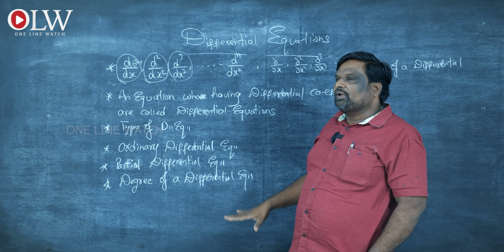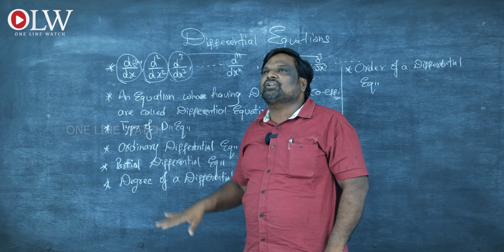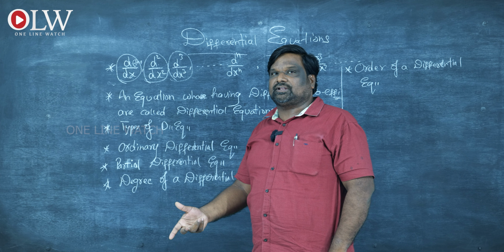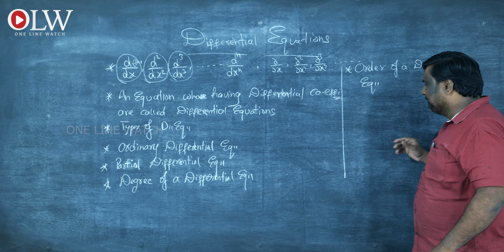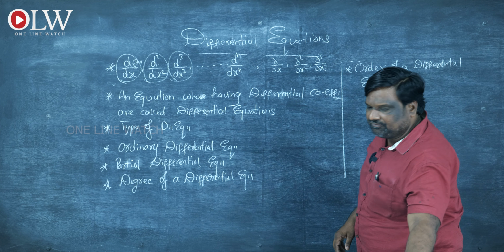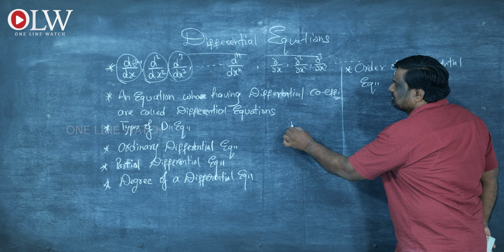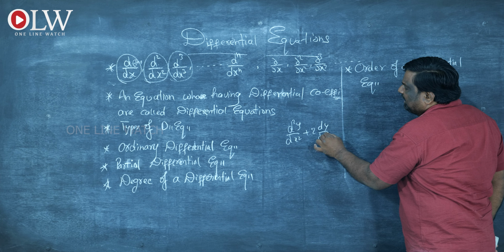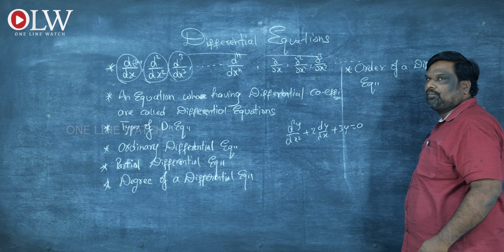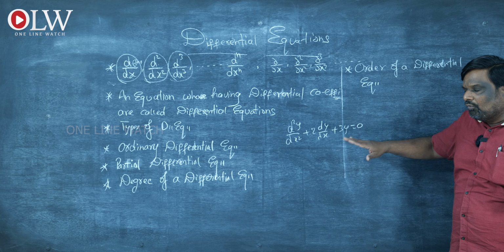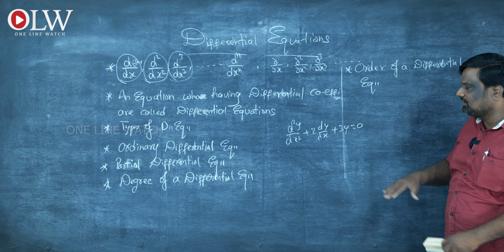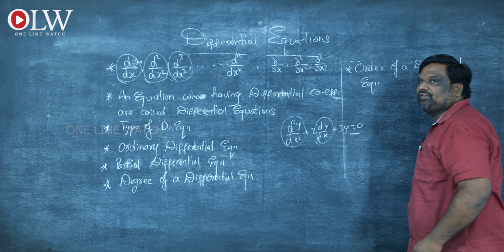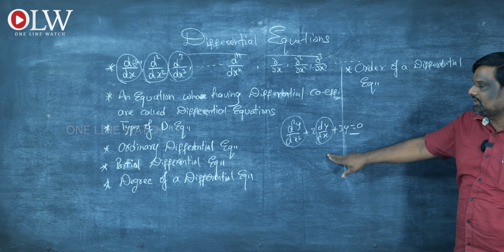Once we have learned the order of a differential coefficient, we move to the order of a differential equation. I can give a simple example: d square y by dx square plus 2 into dy by dx plus 3y equals 0. We call this a differential equation because it is an equation and has differential coefficients.